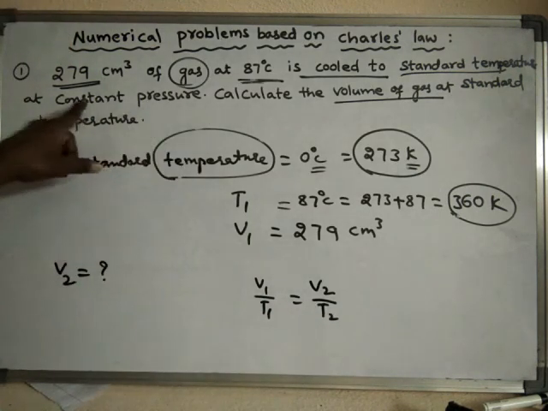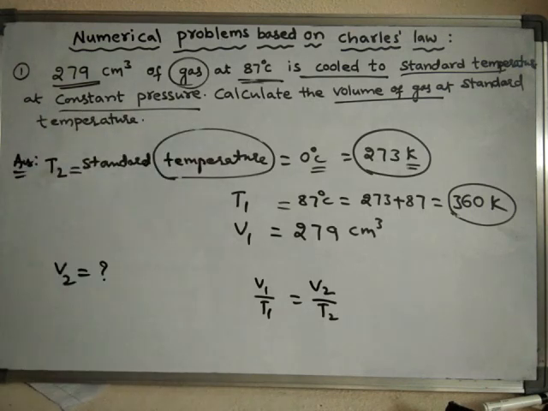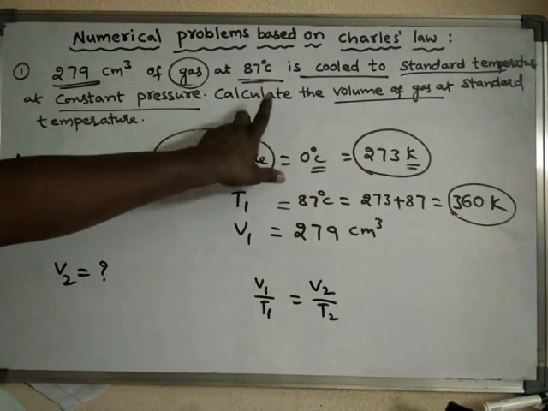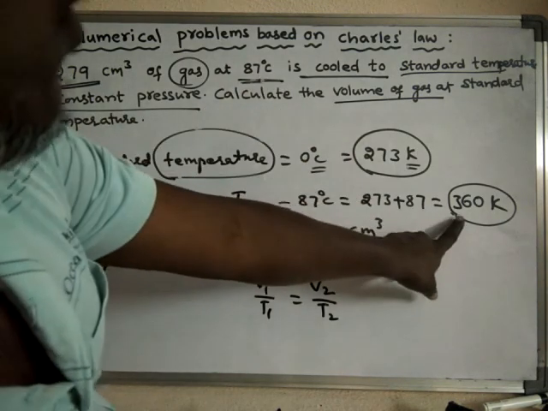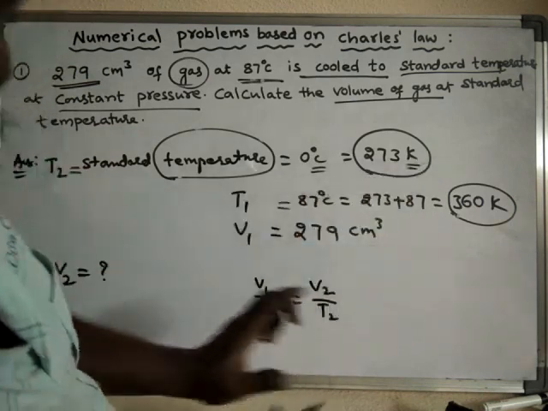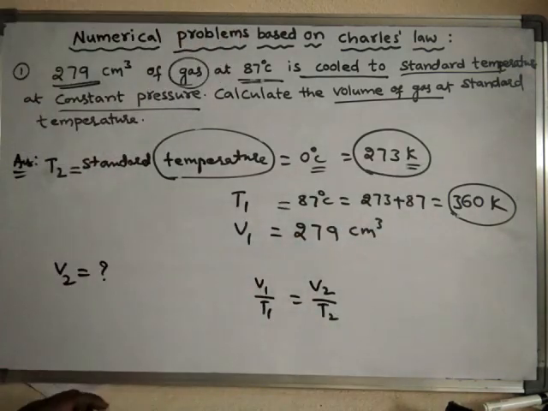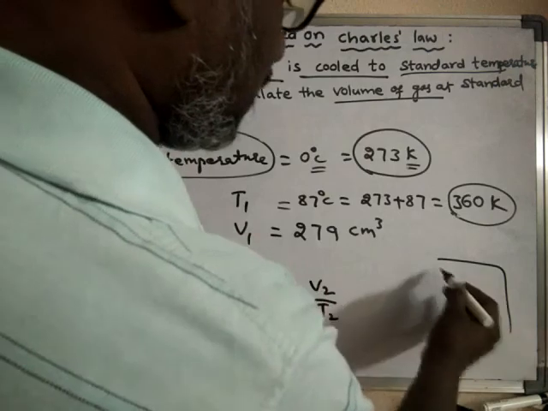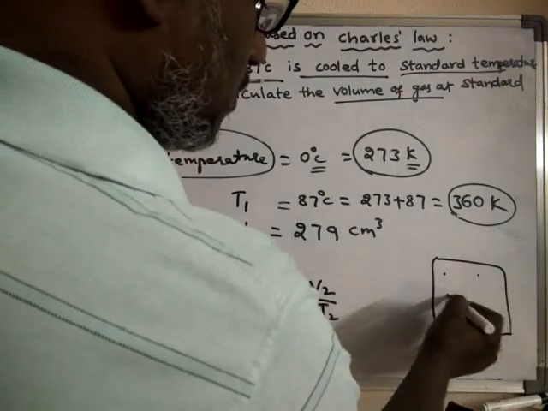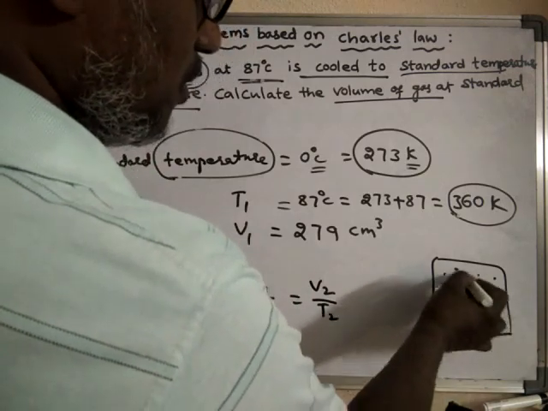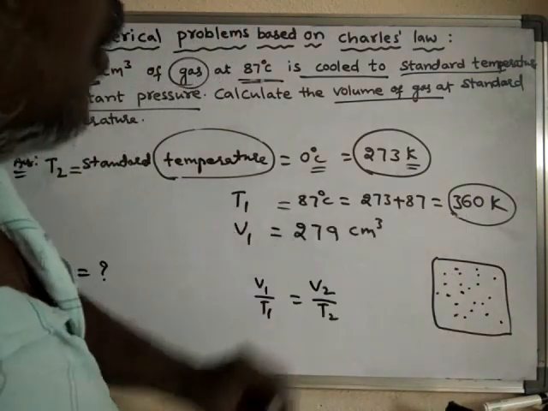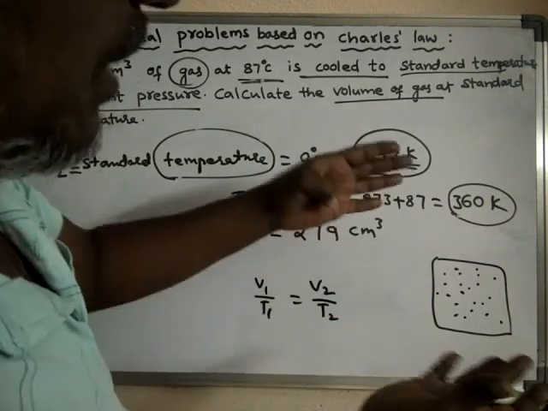This holds when the pressure is constant for the same amount of gas. The amount of gas is not changed, it is the same gas, but it is cooled from 87 degrees centigrade, that means from 360 Kelvin to 273 Kelvin. So when the gas is cooled, what happens?